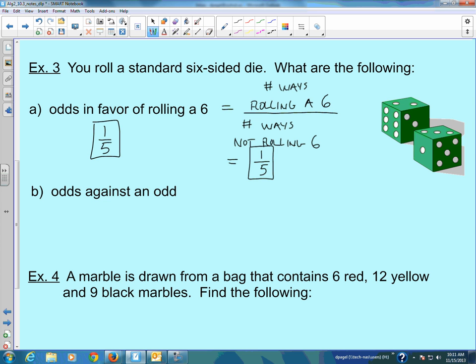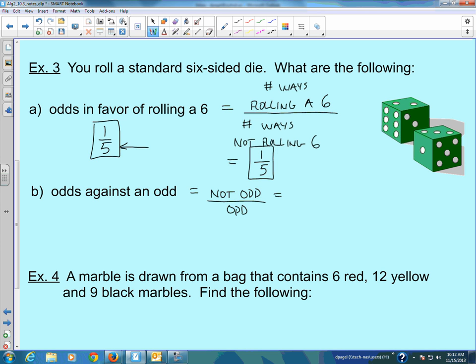So again, paying attention down here, that 5 is not the total number of possibilities on a 6-sided die. That 5 and the 1 in the numerator add up to the total possibilities of a 6-sided die. A little different from probability, so this is not probability here. All right, what about the odds against an odd? So against an odd, we say we don't want an odd over we do want an odd.